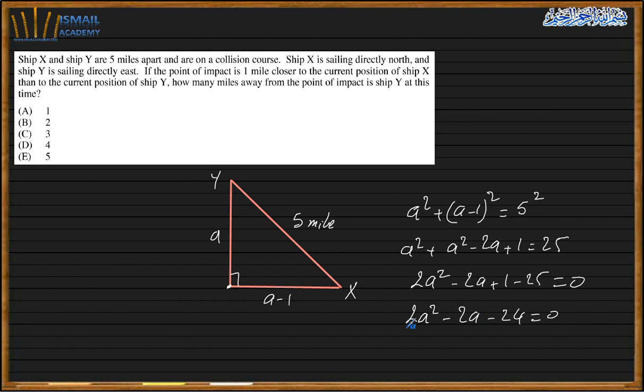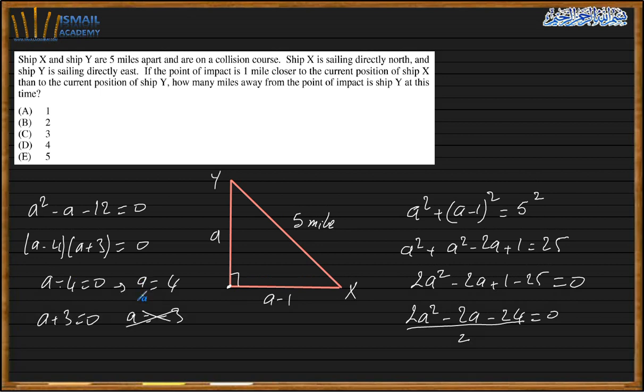So A minus 4 times A plus 3 equals 0. So here we'll have A equals 4 or negative 3. I cannot choose this because this is distance, and distance is not negative, so I cannot pick negative.